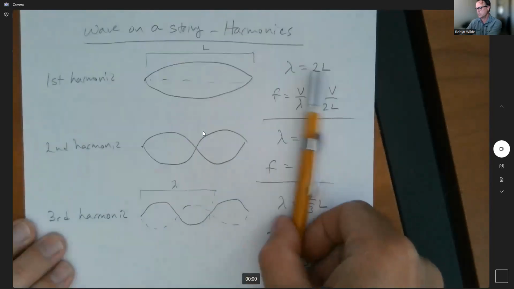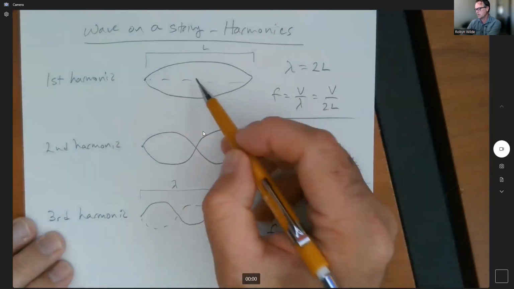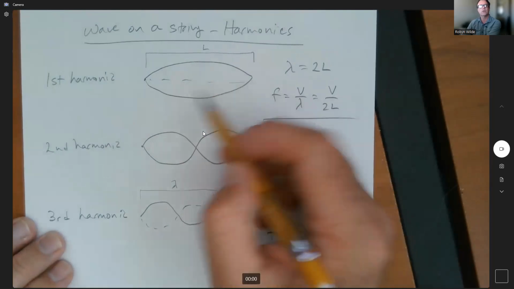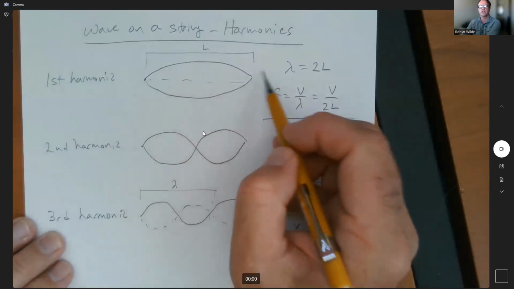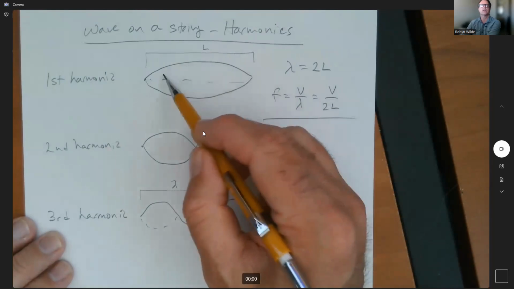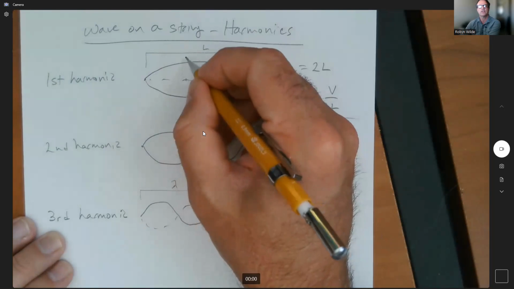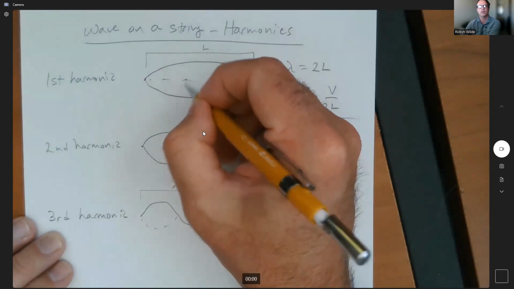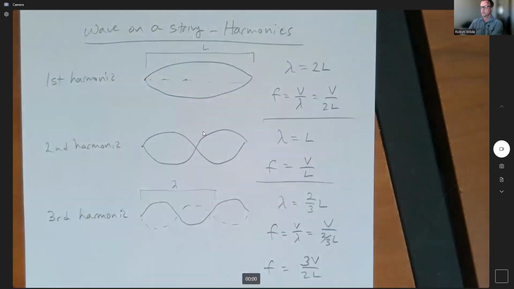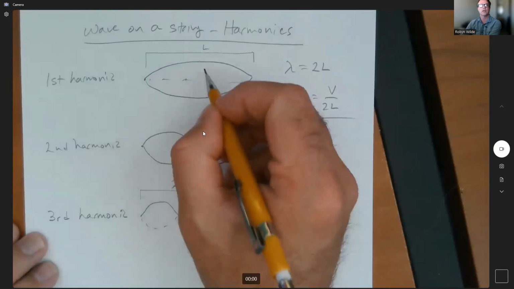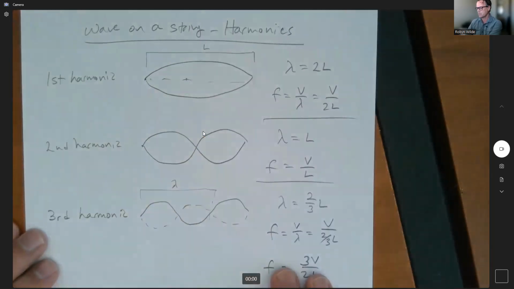And what I'm trying to show here is the string, and at each point I'm looking at the amplitude, right? So when you watch the string, it doesn't actually look like this. This is just indicating the amplitude. If I were to take a single point on the string it would oscillate up and down between my amplitude points here, right? So the amplitude over here is much smaller than in the middle, for example.